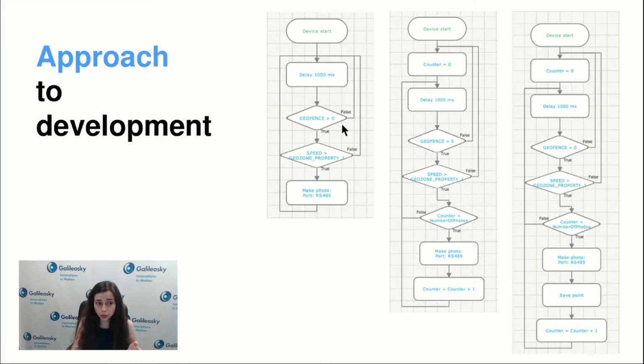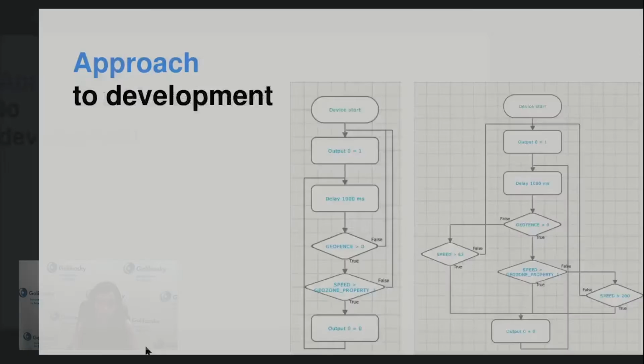At first we wrote a small algorithm reacting on overspeeding with making a photo, rather simple. After that, we added a counter of photos, how many photos we took, and after that, we added saving points in some particular moments. So we increased this algorithm. I recommend you do it like this, and it really helps during the writing process.